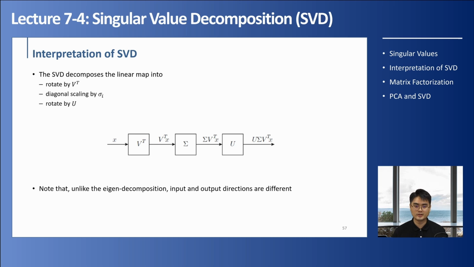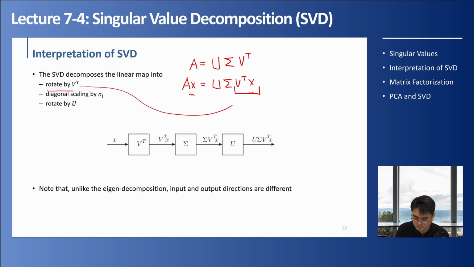Let's also interpret singular value decomposition. When we're doing singular value decomposition, we are decomposing matrix A into U, sigma, and V transpose. For example, let's think that we're multiplying a vector x by our matrix A. What we can first think here is we're first doing some rotation by V transpose.